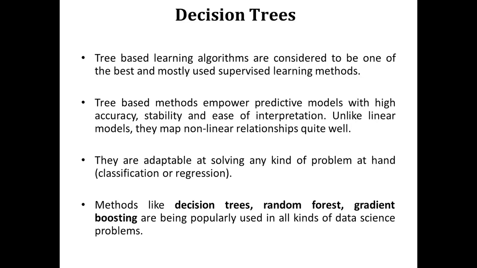They are adaptable at solving any kind of problem, classification or regression. There are various methods for this: decision tree, random forest, and gradient boosting are popularly used in data science problems.